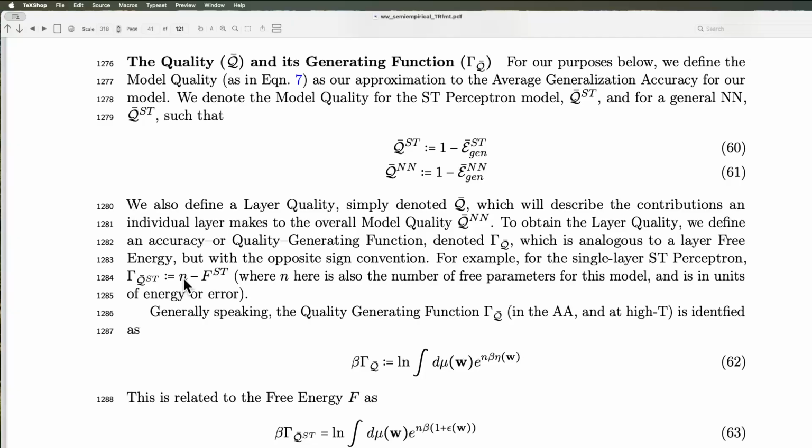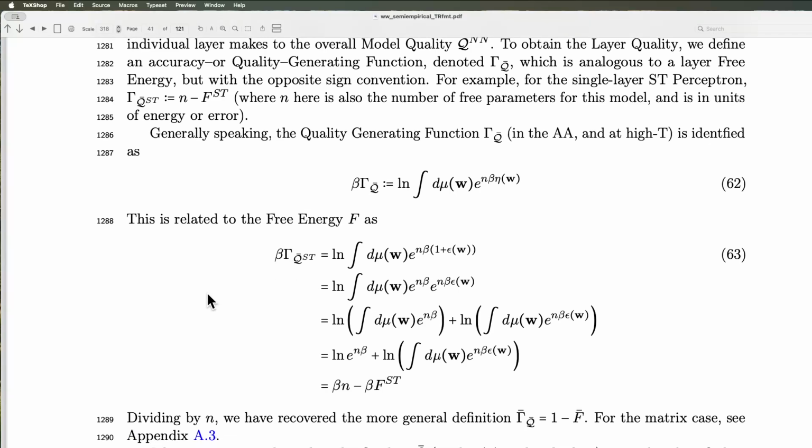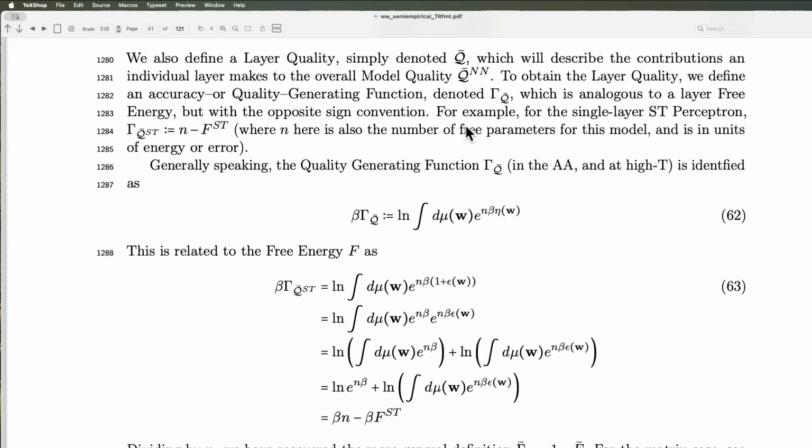1 minus the average F. So keeping track of whether this is N or whether this is 1 is really tricky. Conceptually it's not hard, but when you write the paper, you have to be really careful. So I want to clean that little part up a bit.